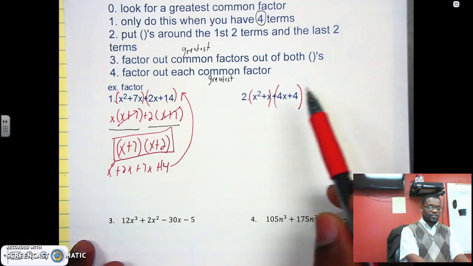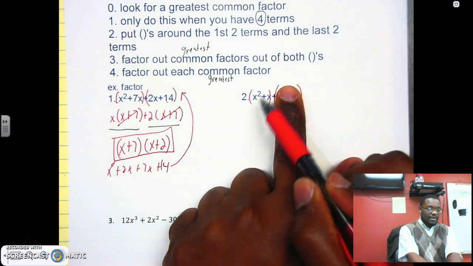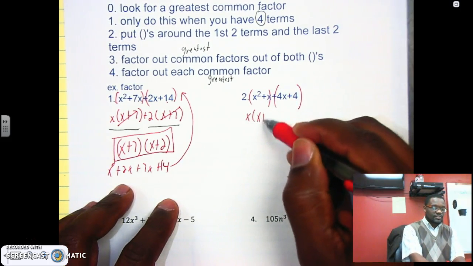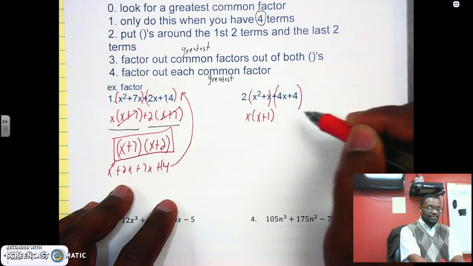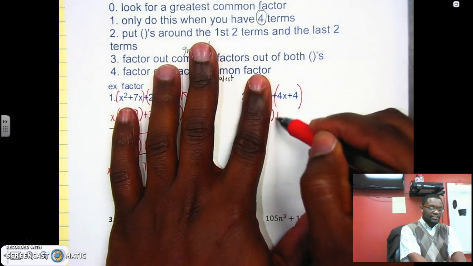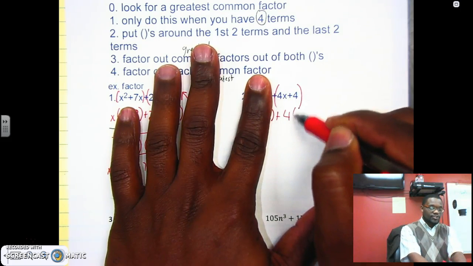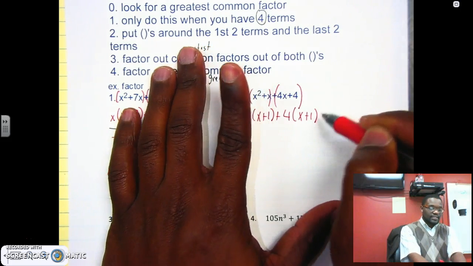Alright? So, individually, not even looking at this one, I'm going to factor out my greatest common factor here, which is simply an x. And that leaves me with x plus 1 after I factor out everything. And over here, I'm going to factor out the greatest common factor, and that is a 4. So, after I divide out a 4, I have x plus 1.